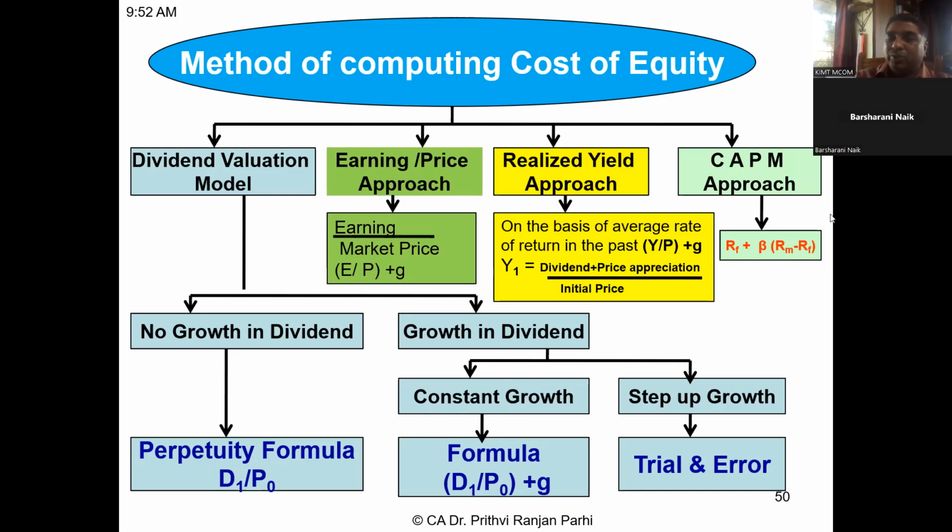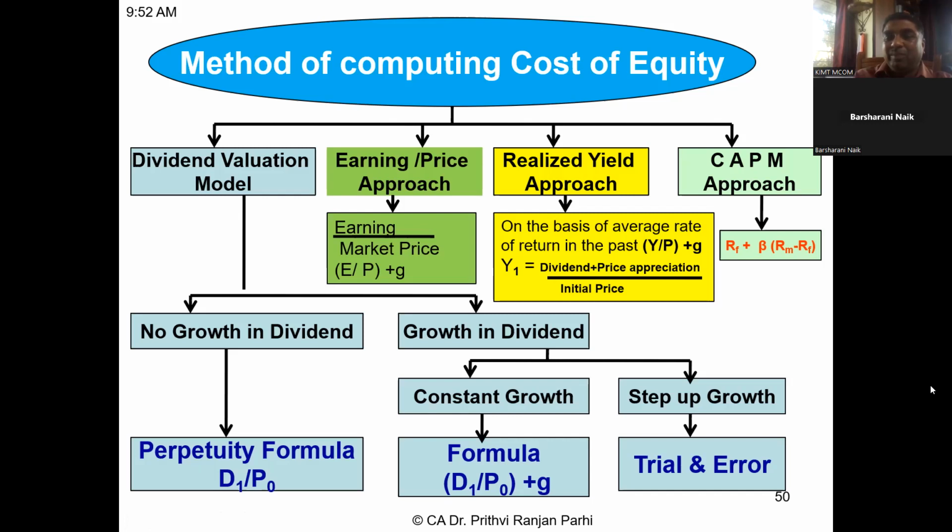So 1 rupee plus 2 rupees is the total yield, divided by the initial price, let us say 10 rupees. So (1 + 2) divided by 10 rupees. Like this, one can calculate the yield. That means 3 rupees by 10 rupees, that means 30% is the cost of equity. This is what one can calculate.